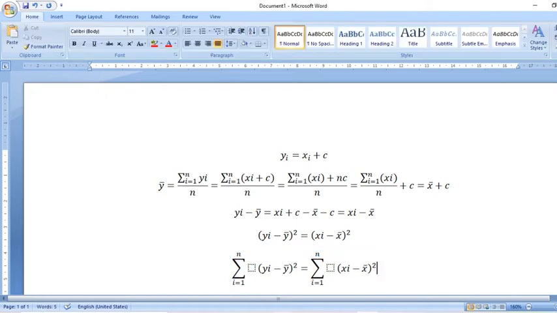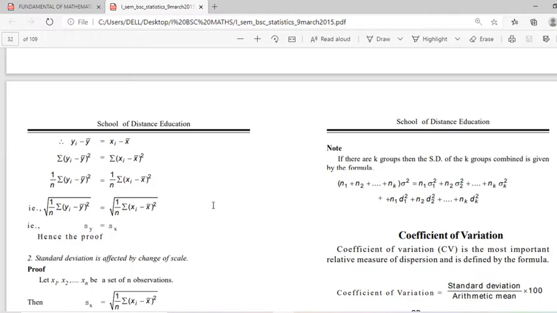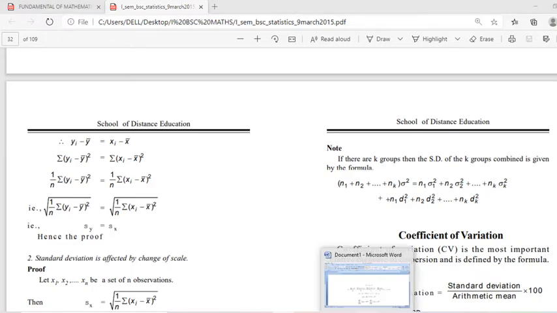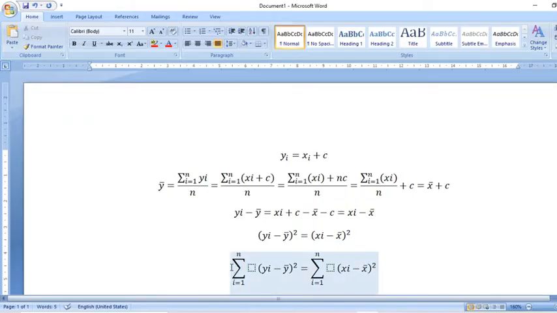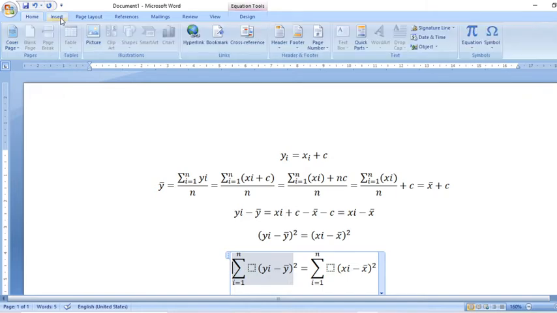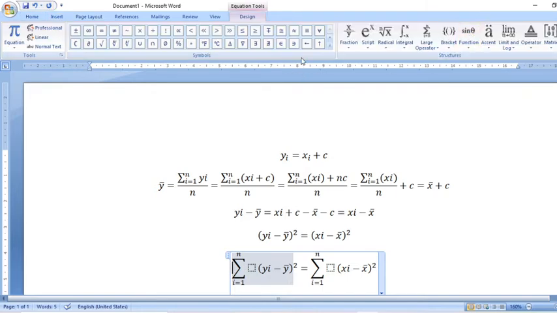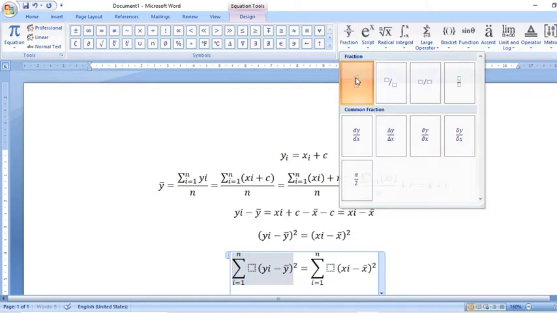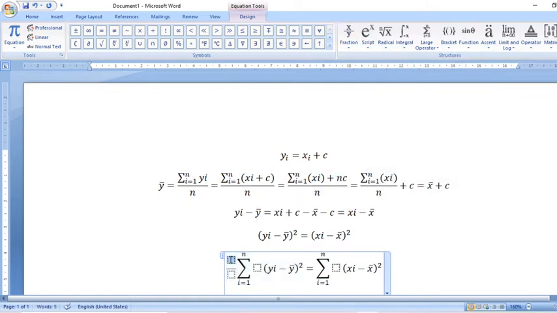That is the step here, and then divide with 1 by n. Again you can divide both sides with 1 by n.